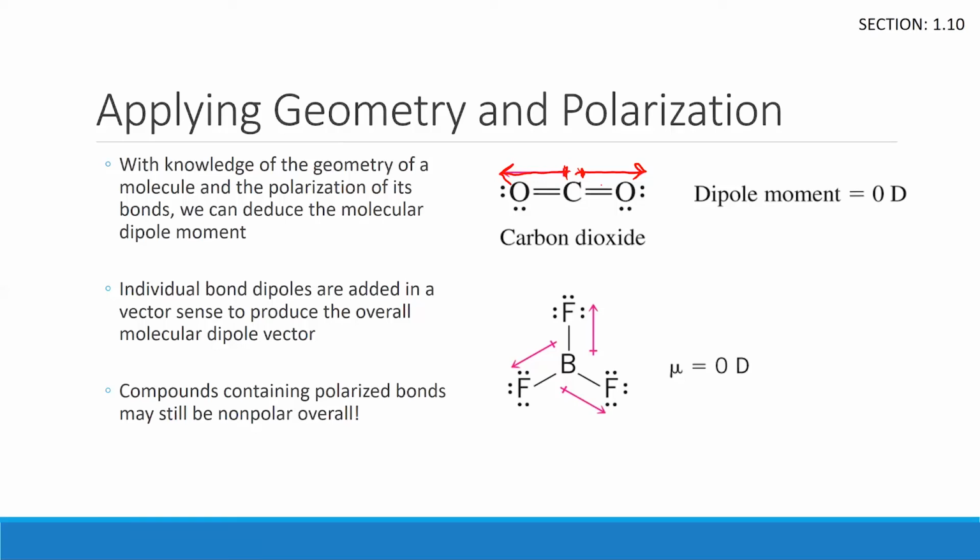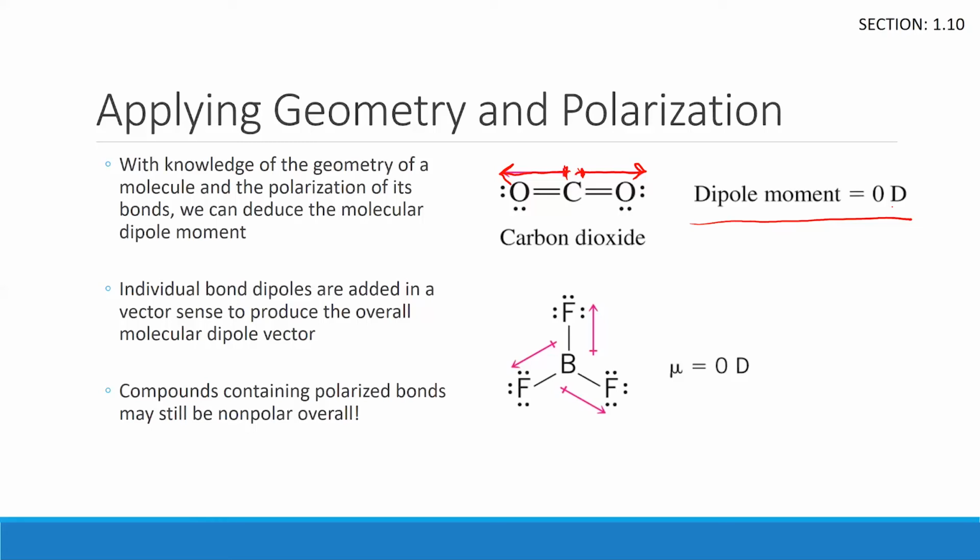It is linear, and so it will actually be three-dimensionally represented just like we have drawn it here, which is as a linear line. And because of that, each of the dipoles going to the oxygens cancel each other out, making it ultimately not polar. It has a zero dipole moment as a molecule.